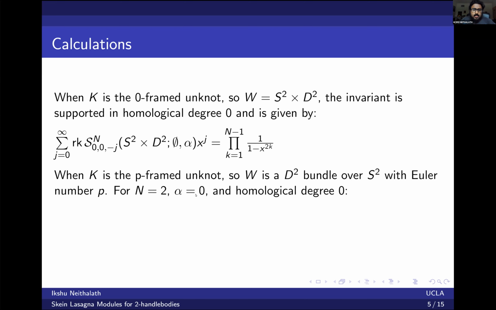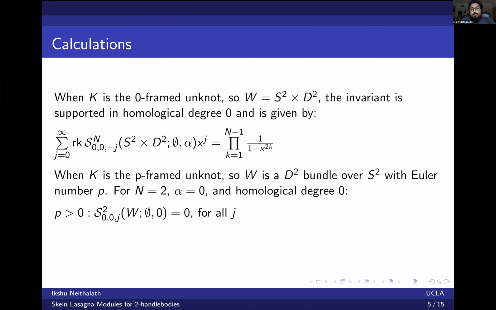So it's not a huge restrictive condition. Let's also focus on homological degree 0 in this group. In that very particular case, the relevant Khovanov homology groups have been computed, and we can use those calculations from the literature to compute the Skein Lasagna modules.